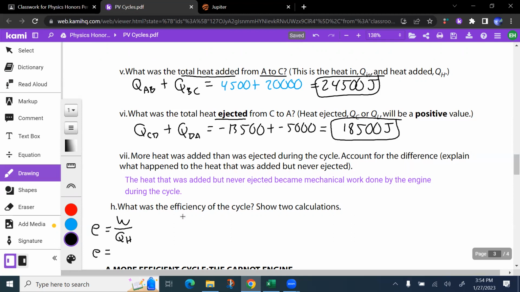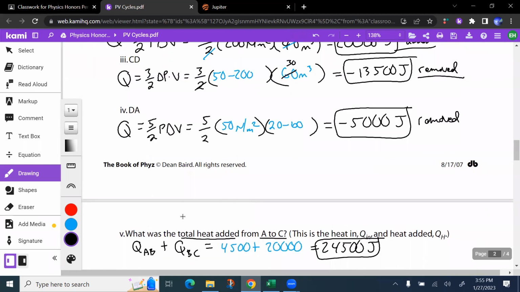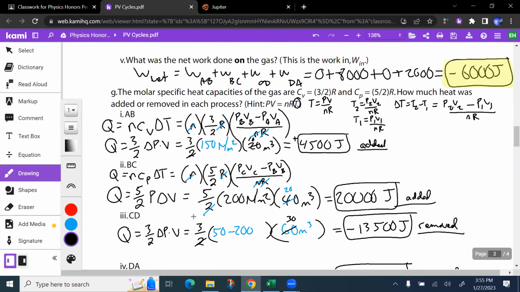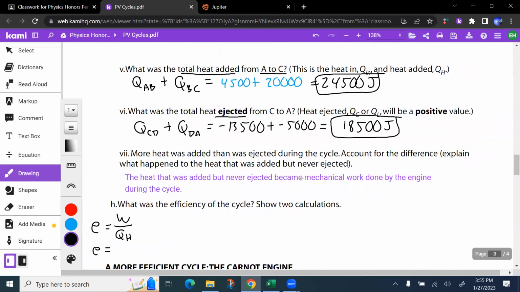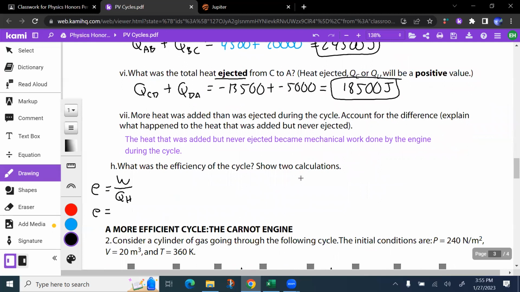So one way to calculate this would be the work that was done for the entire process, which would be the net work. Remember, we had a net work of negative 6,000 joules here. Now, I'm not going to worry so much about the negative sign, because again, we're talking about an absolute value.